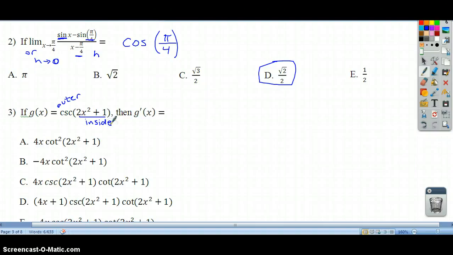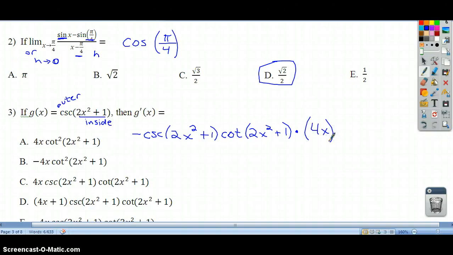So the derivative of cosecant is negative cosecant. We leave the inside stuff as it is, and then times the derivative of all the stuff on the inside, which is 4x.